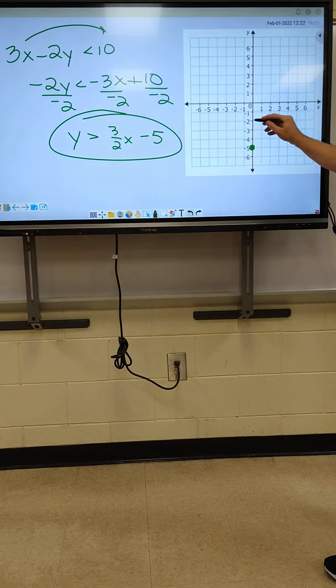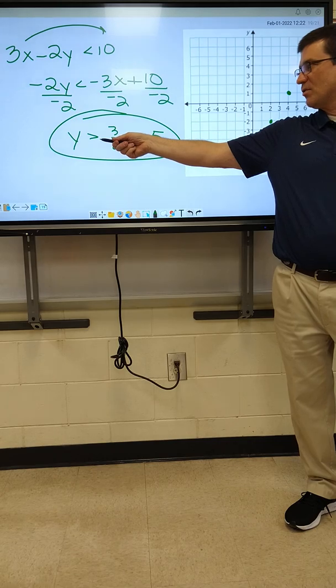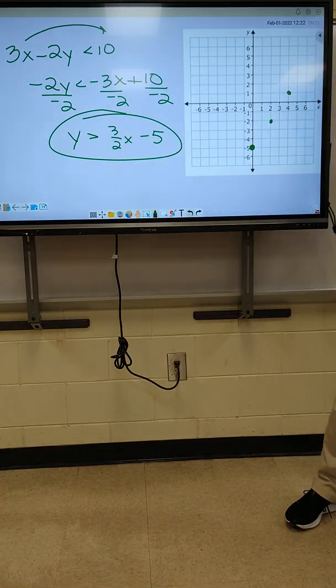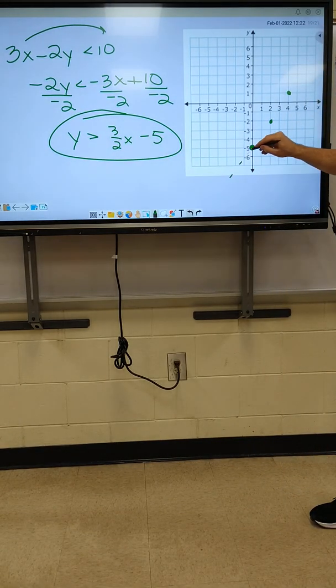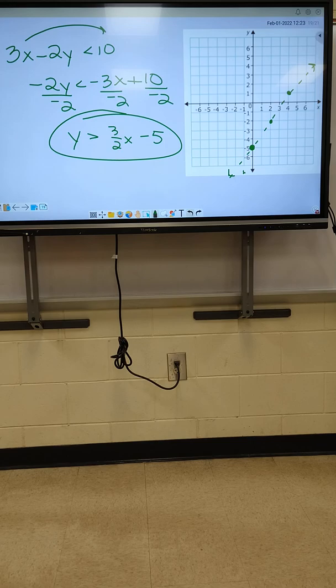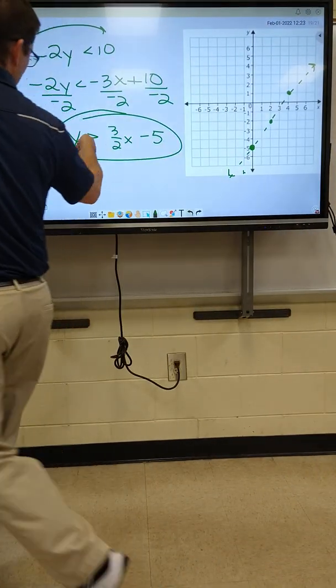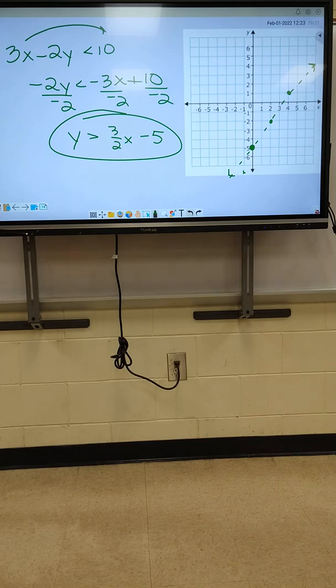Up 3 over 2. Peyton, is this a dotted line or a solid line? Dotted line all the way across. Colt, do I shade above it or below it? What sign is that? Follow your board. Greater than, arrows up. We have to shade above.